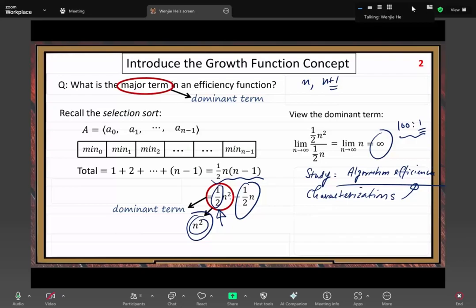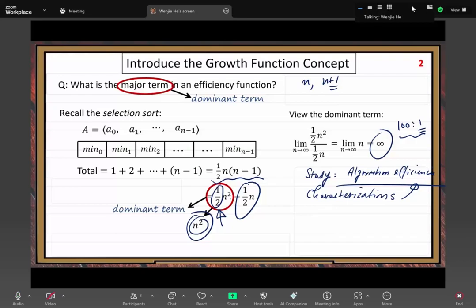Why would we want to put it in two different categories? Given a function, we can multiply a constant number to scale it. When we scale a given function, we want to put them in the same category. That's the idea. The same category, not a different category. You just scale it.